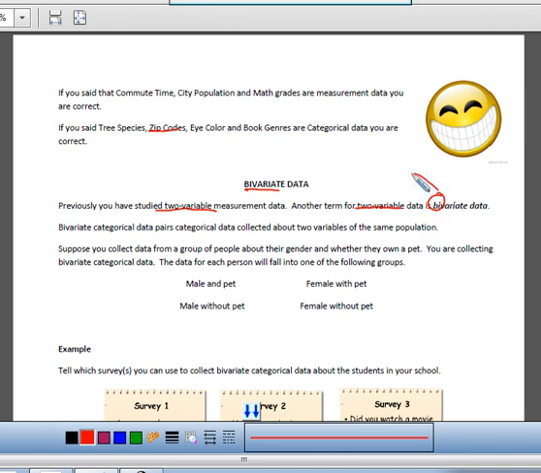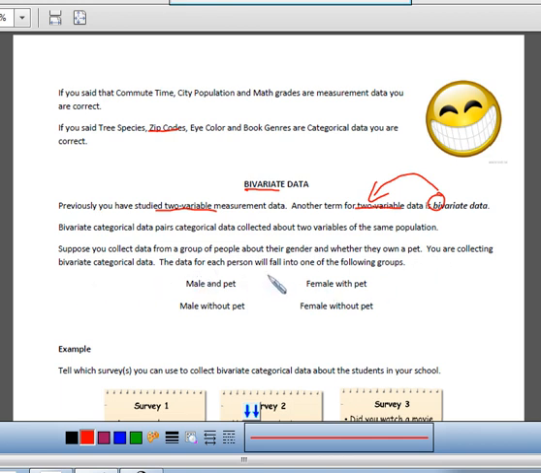So that's where the two variable bivariate data comes from. Bivariate categorical data pairs categorical data collected about two variables of the same population. Suppose you collect data from a group of people about their gender and whether or not they own a pet. You are collecting bivariate categorical data.